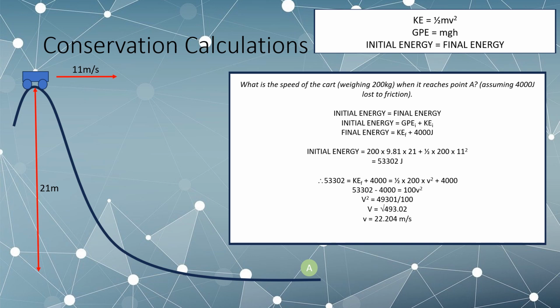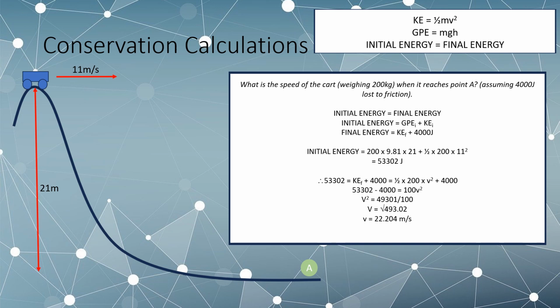Therefore, that 53,302, knowing our initial equals our final, is going to be equal to our kinetic plus that 4,000 joules we've lost to friction. So 53,302 equals our kinetic plus 4,000, which is equal to half times 200 times v squared plus that 4,000. Moving down into the next line, I've taken that 4,000 from both sides.